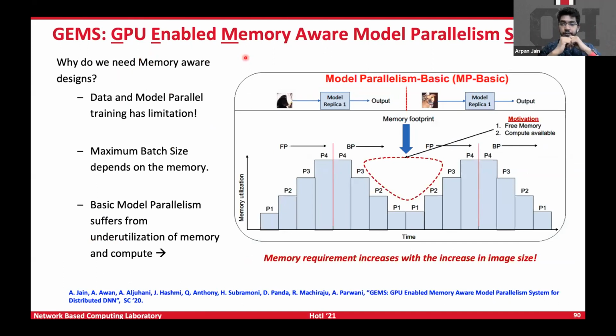Sometimes you can only fit, even on 4 GPUs, a model with one sample because of the memory limitation. So how can you solve this problem? This paper tries to solve that problem, and it was published in the Supercomputing 20 conference. So please take a look if you're interested.